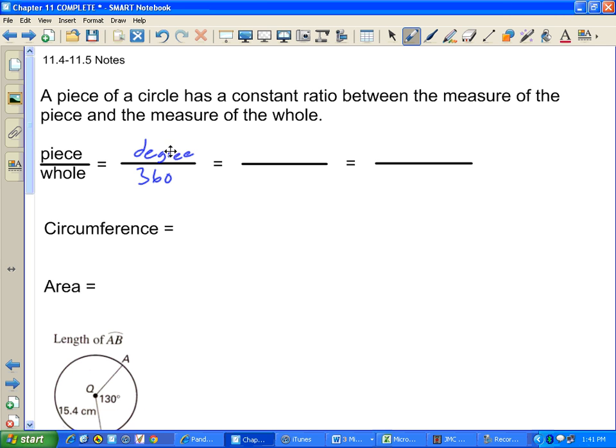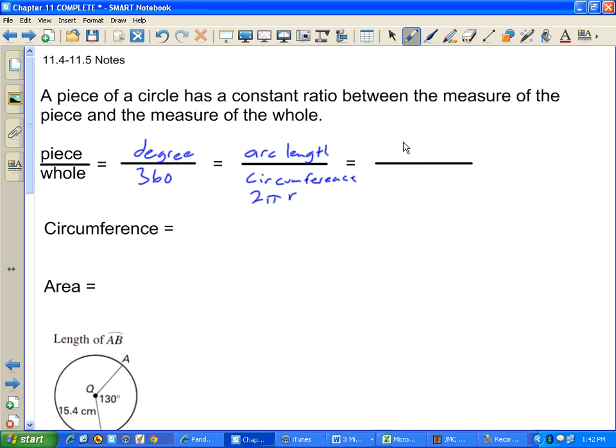So we can measure in degrees. We can measure it with arc length. Okay, so if we have the length of a piece of a circle, the whole circle would be the circumference, which is 2 pi r.